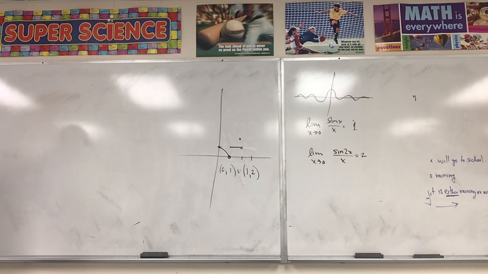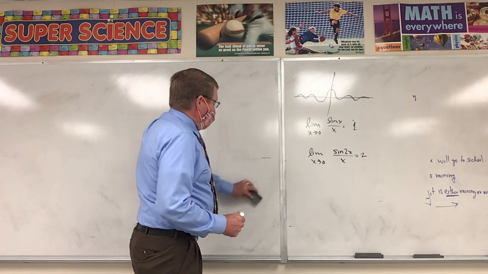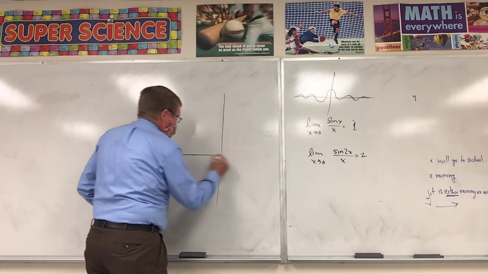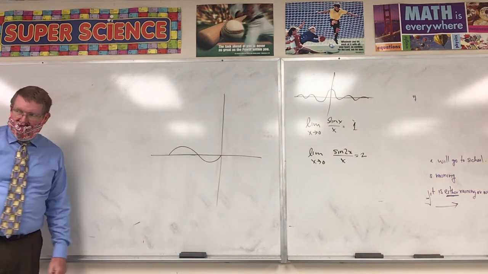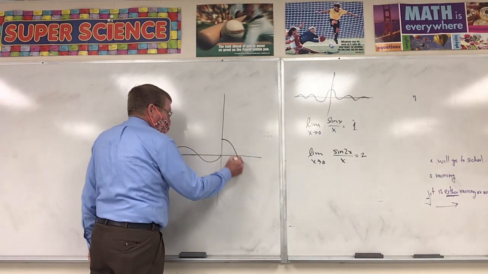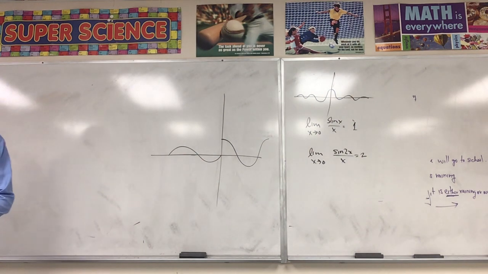So then on number 55, remember the sine graph. There's your sine on the left-hand side, and here's your cosine on the right-hand side. So again, where do I have a limit?